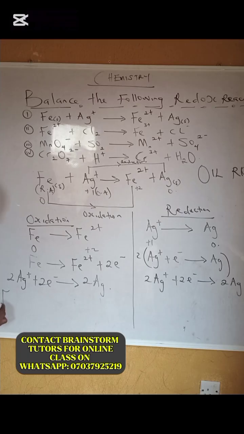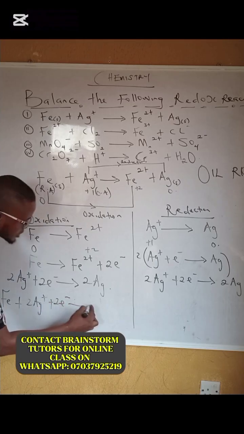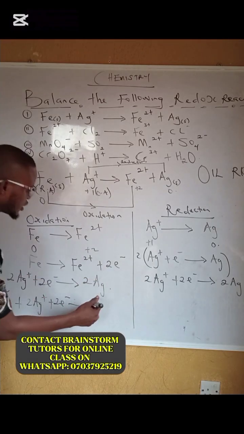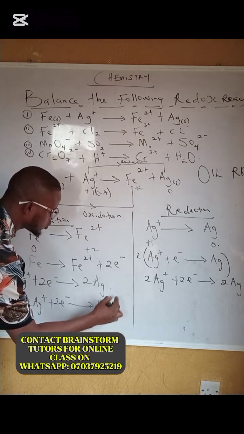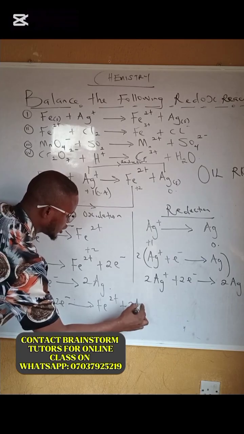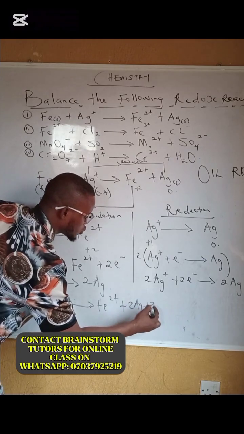I'm going to have Fe, that means the two reactants, I just bring them here. I have Fe plus 2Ag+ plus 2e-. Then I'm also going to add the product side together too. I have Fe2+ plus 2Ag, or however you do it, plus 2e-.